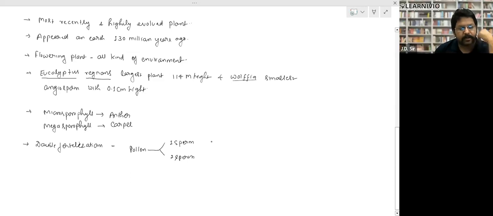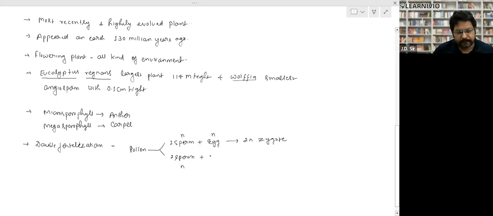Both are haploid. First sperm fuses with egg, right? And it makes the diploid zygote. Sperm is haploid, egg is haploid, they make zygote. Again, the second sperm is haploid.